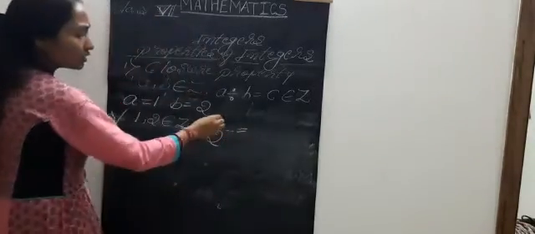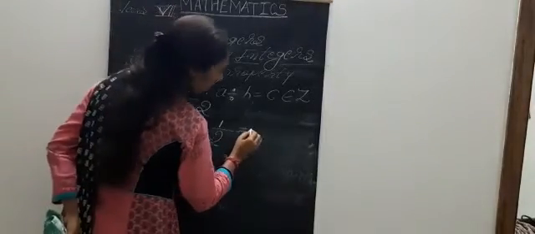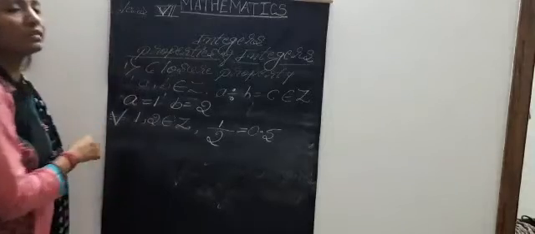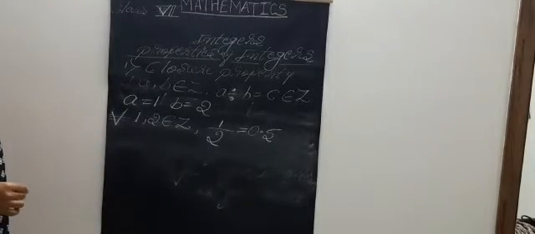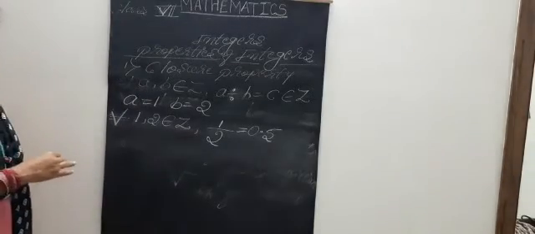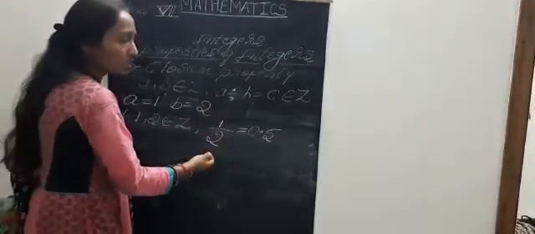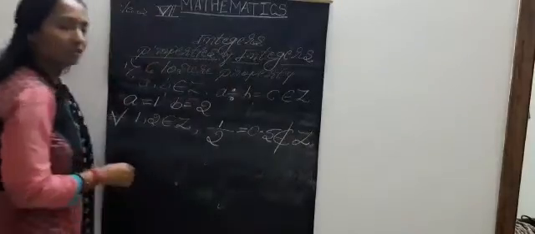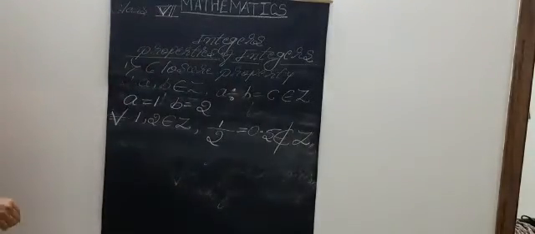See, 1 divided by 2 you can write as a division, otherwise you can write in decimal form, 0.5. 0.5 is not an integer. Integers are complete numbers. There is no fraction value. So 1 by 2 does not belong to integers.